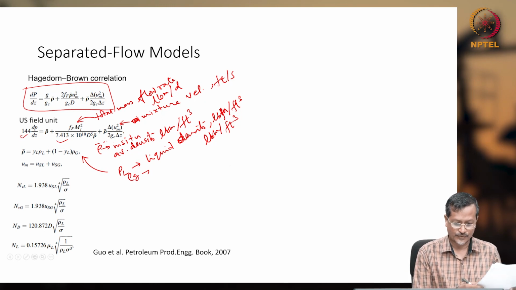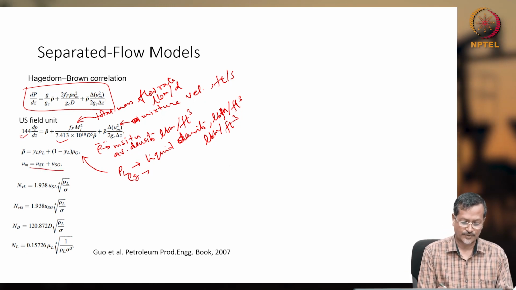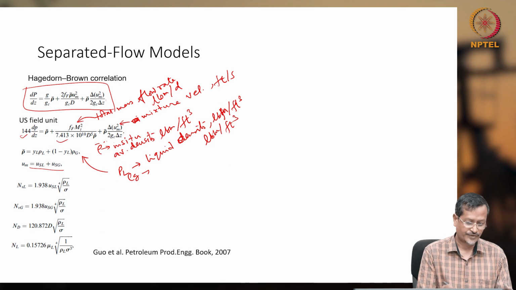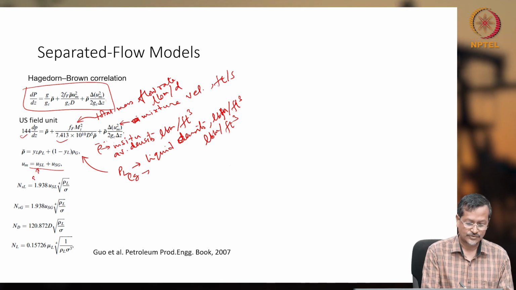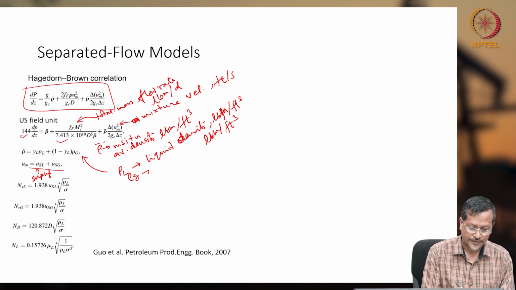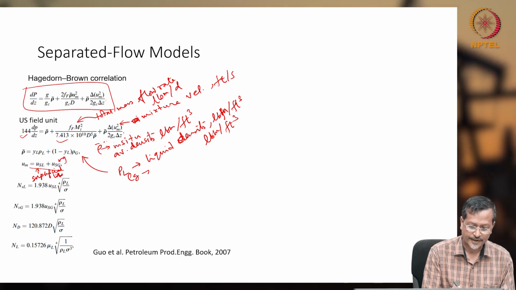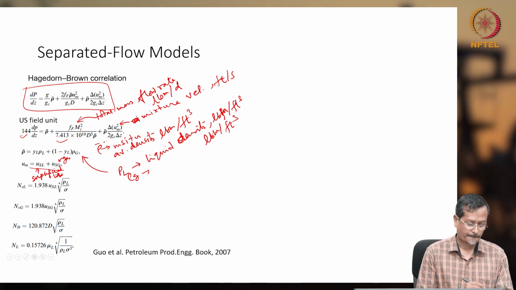The terms used in the next equation are USL and USG, the superficial velocity for liquid and the superficial velocity for gas.